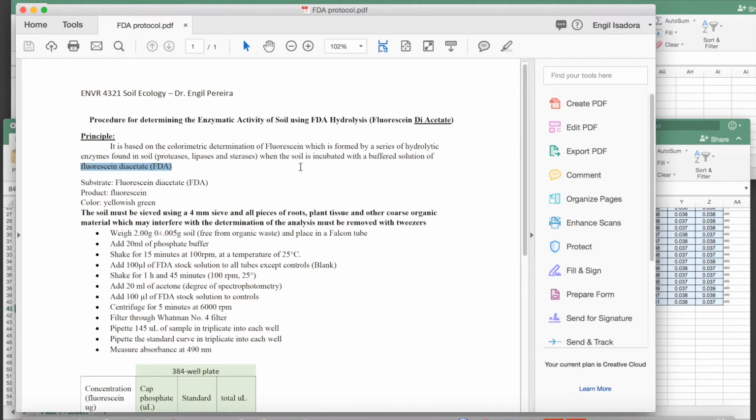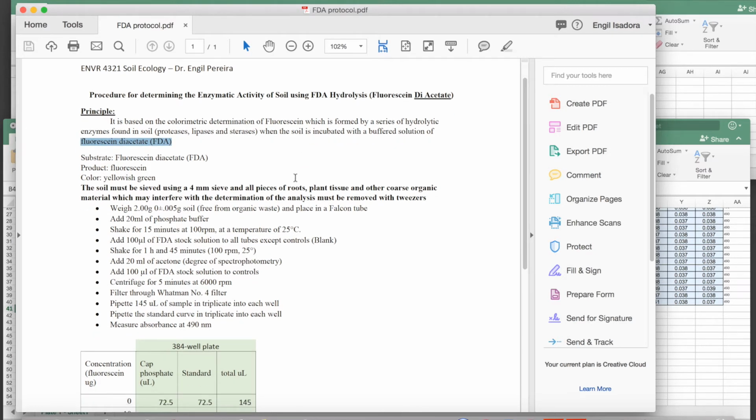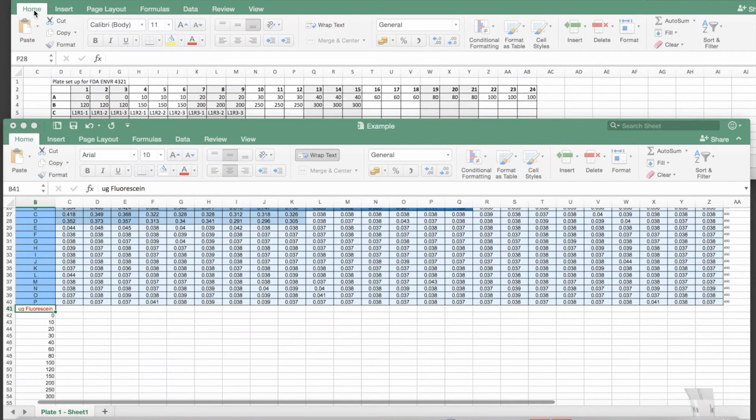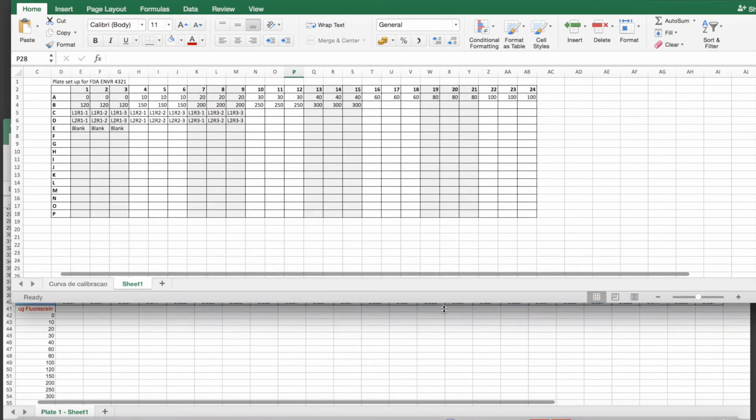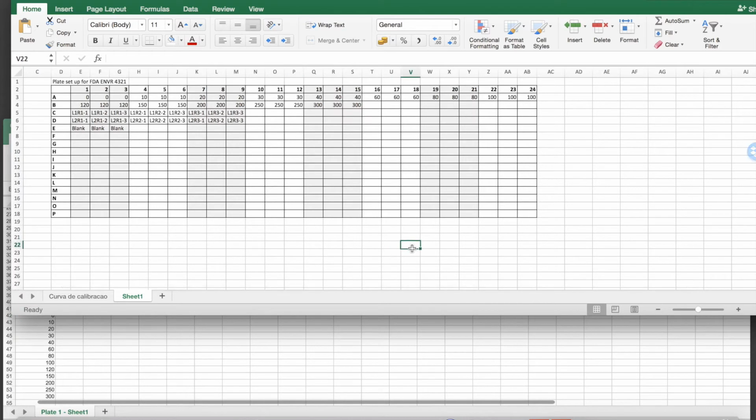So this is our protocol. You want to go over to see what we added and such. But most importantly, this is the map of the samples you all had. And this is the layout of our plate that we had in the lab.